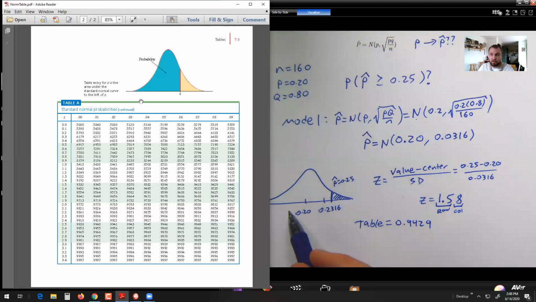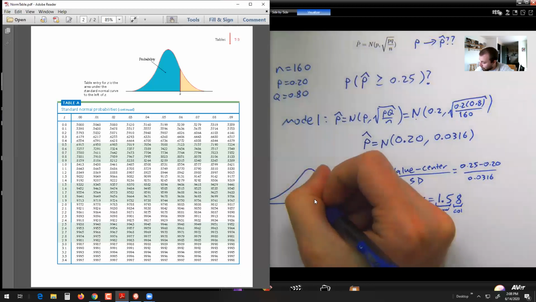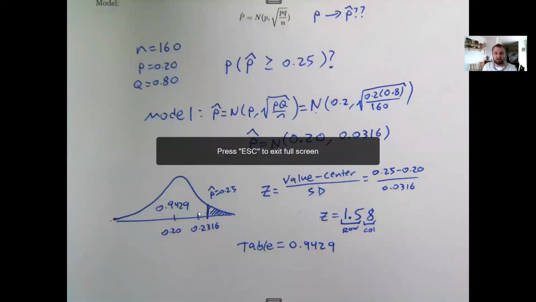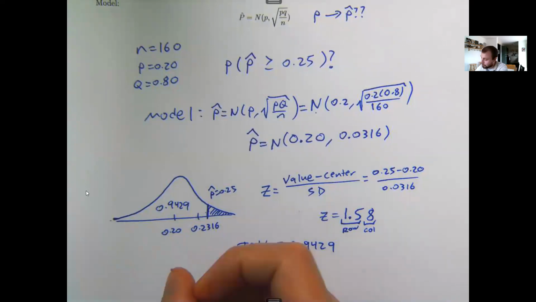So this means I have 94.29% of my area, noticing my table is shaded to the left here, in this white region that I actually don't want as my answer. I've managed to find the area shaded to the left, but I wanted the area shaded to the right. Easy to fix.